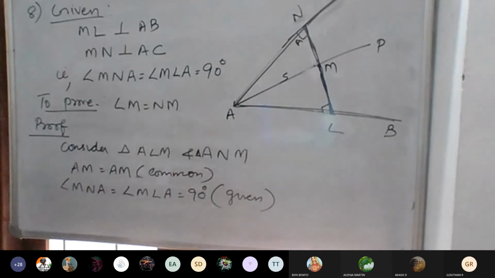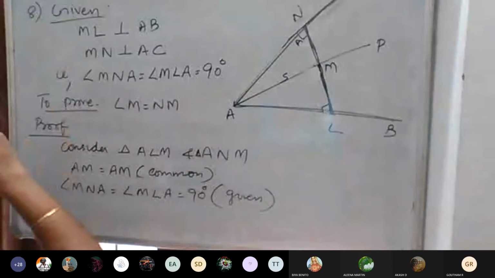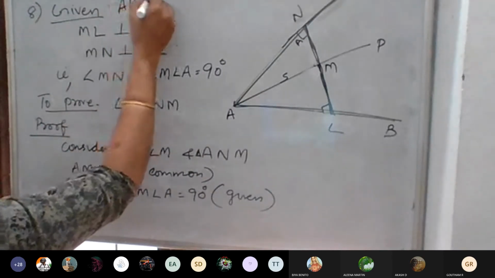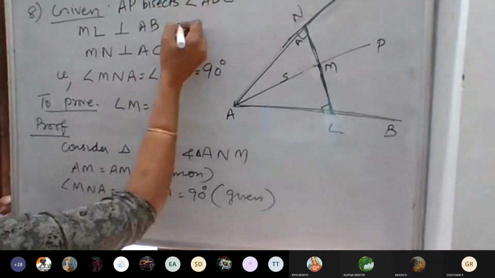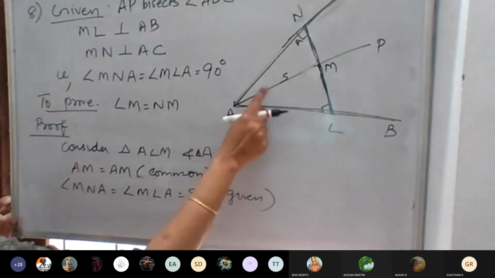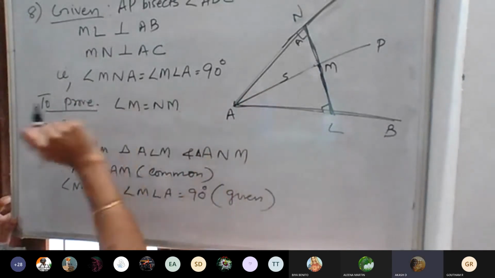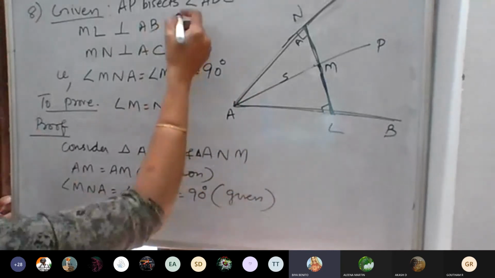That means AP is given. One more point you have to write. Given AP bisects angle BAC. That means which two angles will be equal? Angle LAM is equal to angle NAM.